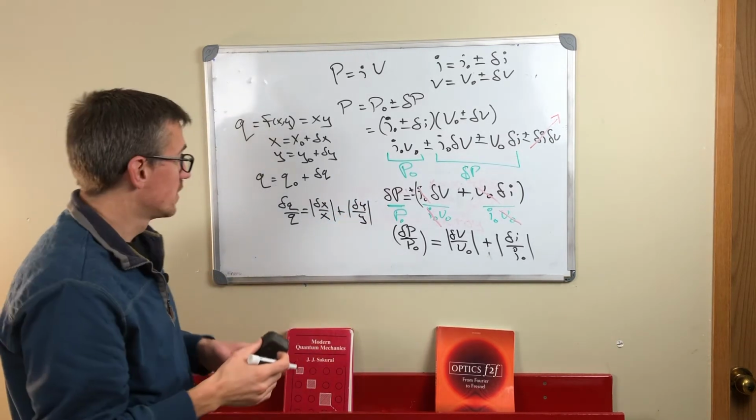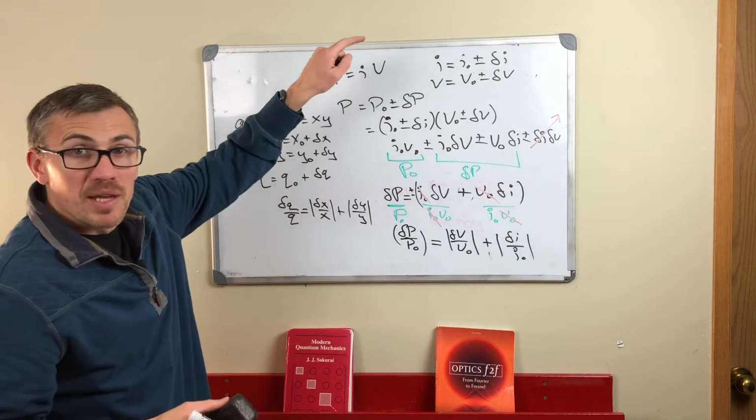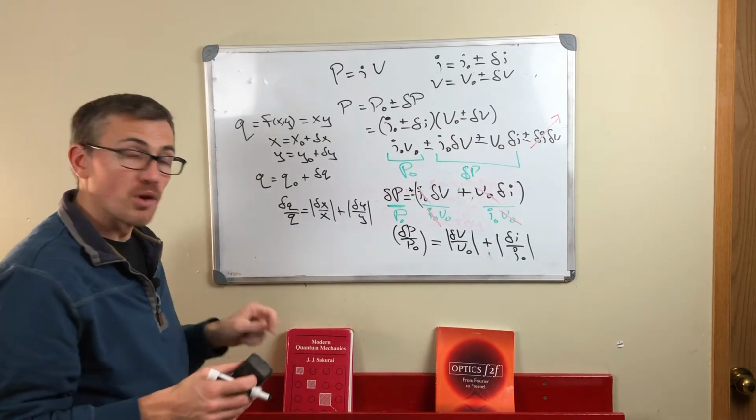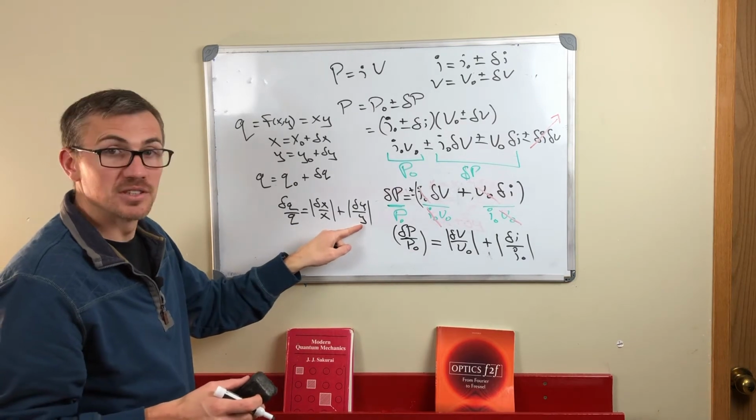In words, for the sum that we had before, the absolute errors add. For the product, the relative errors add.